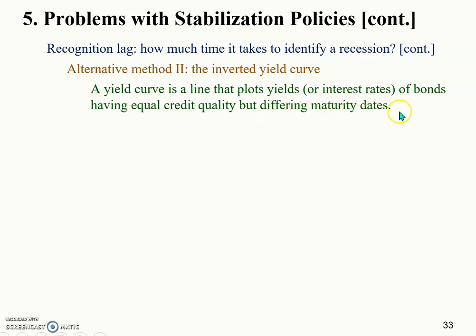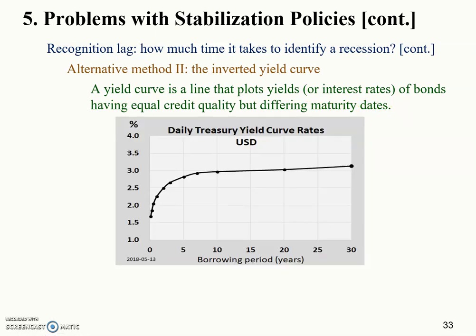Different maturity dates means the Treasury bonds or bills have, as shown in this figure, a shortest period of 3 months, and then 6 months, 1 year, and 2 years, 3 years, 4 years, 5 years, all the way to 30 years.